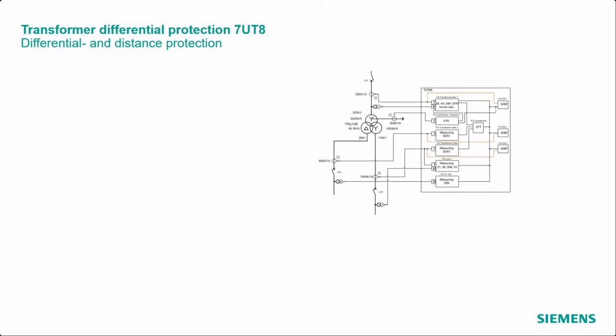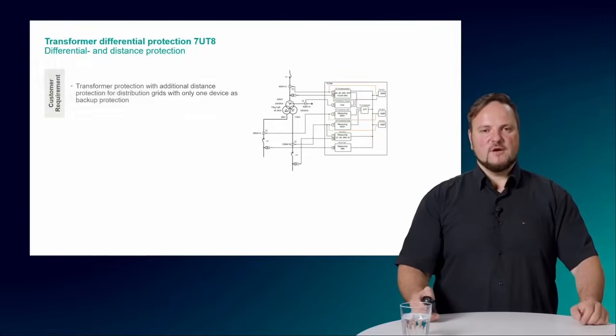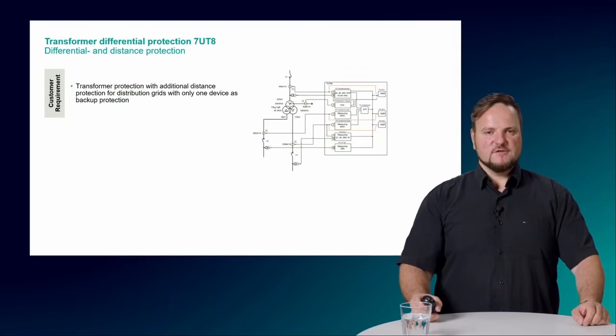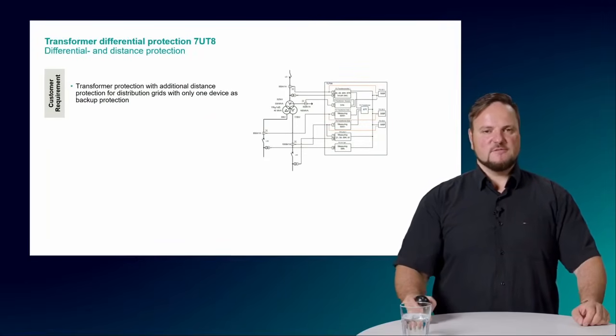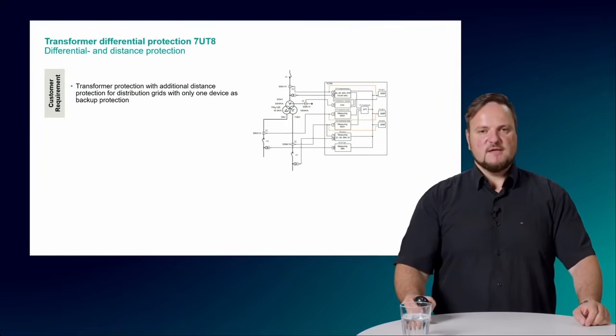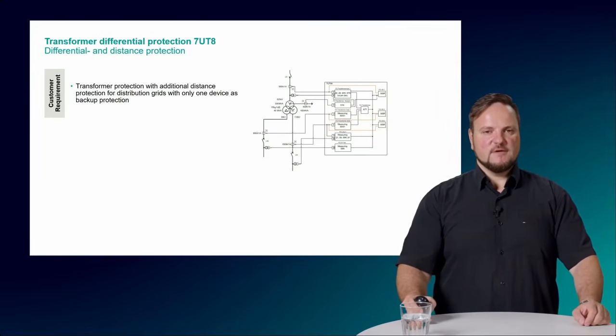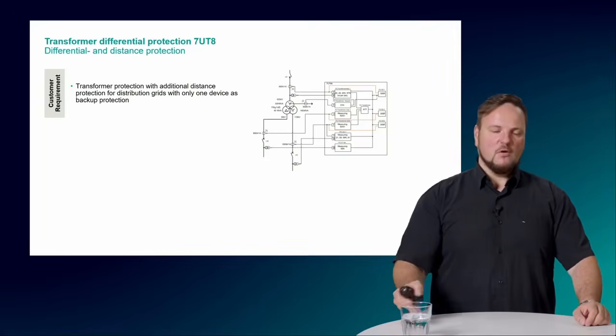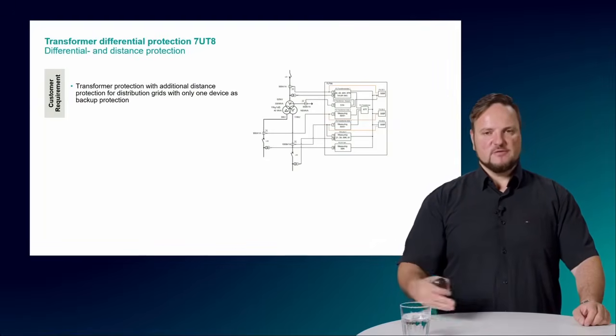The next topic came up over the years from the experience we have from the field. A lot of customers were asking for more protection functions beside the main transformer protection functions. They ask for distance protection, for example, especially in distribution grids or transmission grids as backup protection function.